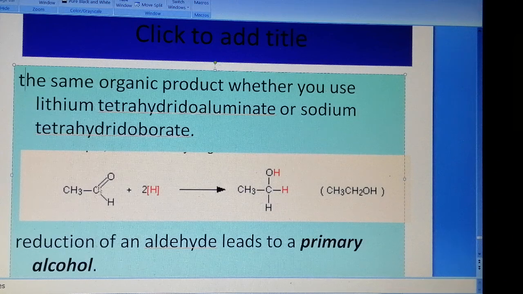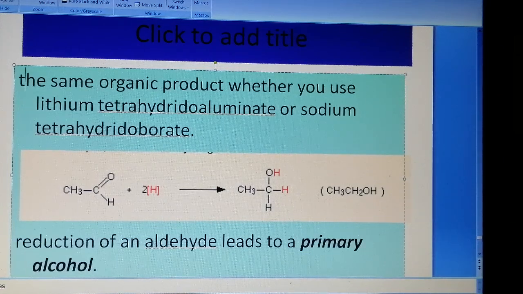Here the aldehyde we are using, reduction of an aldehyde, what happens? The CH3CHO, so this CHO is changed to a primary alcohol. If it is easy for you, change the whole CHO group into CH2OH, that means you will get a primary alcohol.